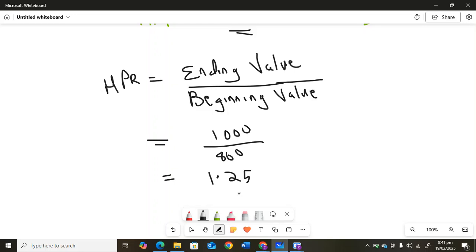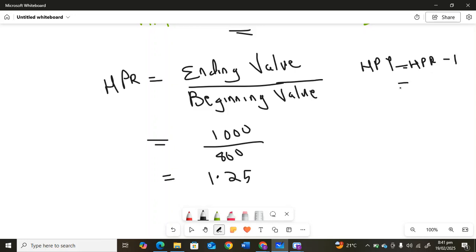That's your return. After 2 years of holding this investment, your return is 1.25. Now, that's the holding period return. Then the holding period yield, HPY, is just the holding period return, HPR, minus 1.